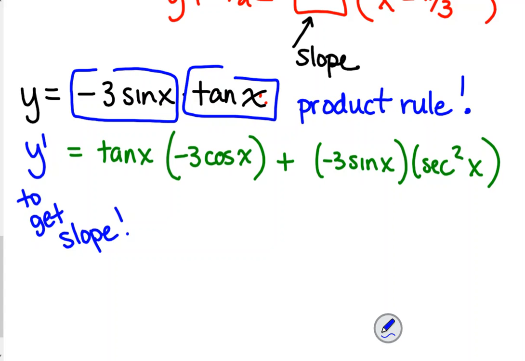Also, the other thing that's kind of important or good to talk about here with something like this, I don't have to make this look pretty before I plug in pi over 3. Actually doing that is sort of a waste of time. So I don't really care how messy and ugly this looks. As long as I have done the product rule correctly, I am ready right now to throw my pi over 3 in there.